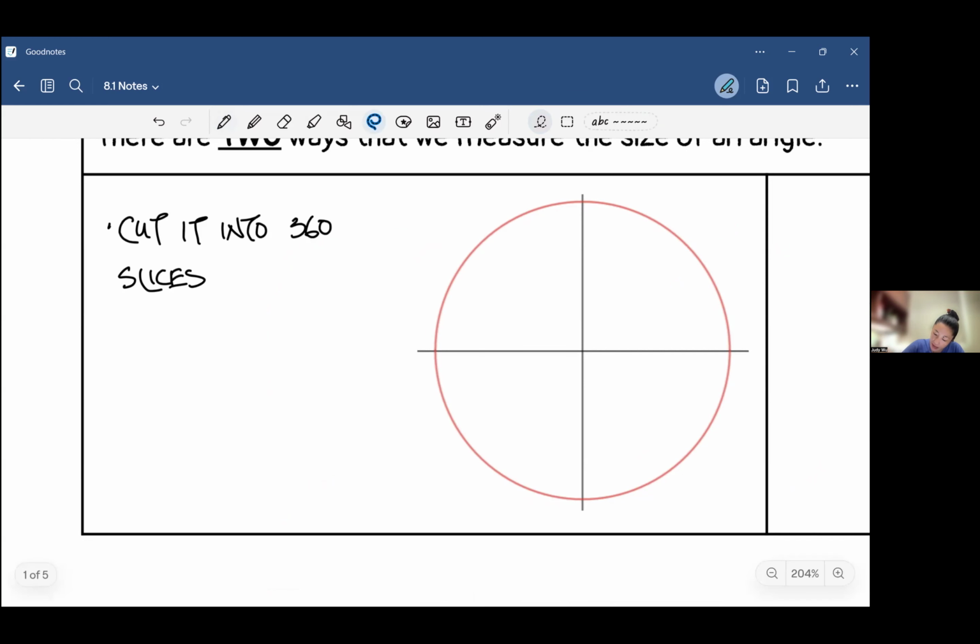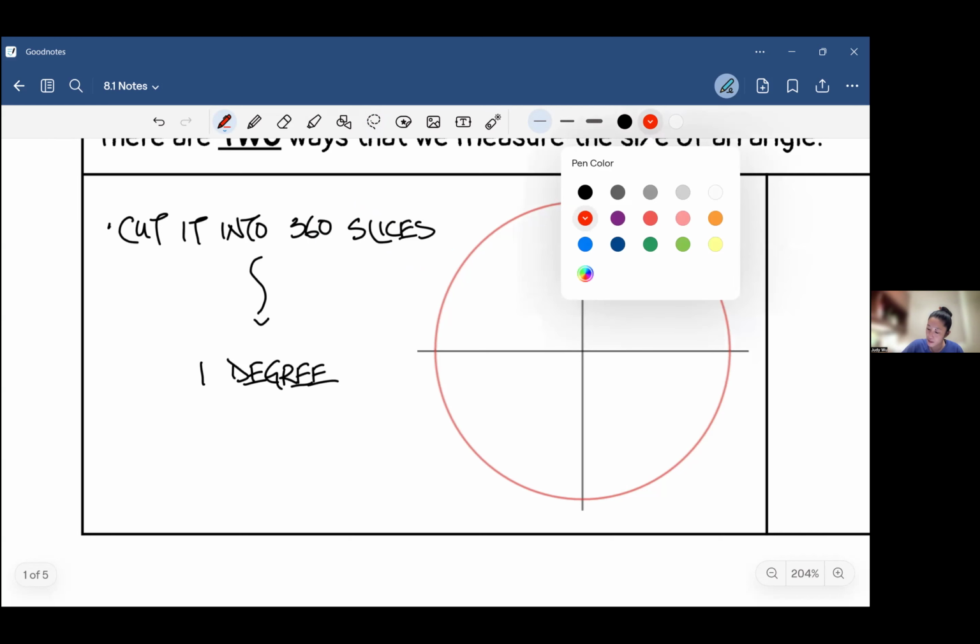And if we took this circle, cut it into 360 slices, each slice would have an angle measure of 1 degree, okay? So, 1 degree.